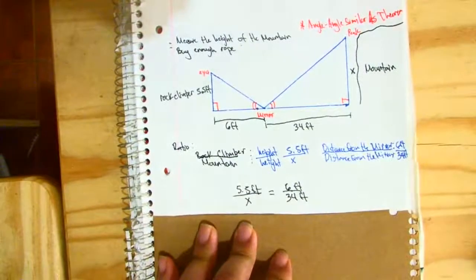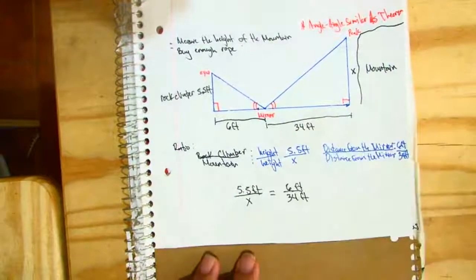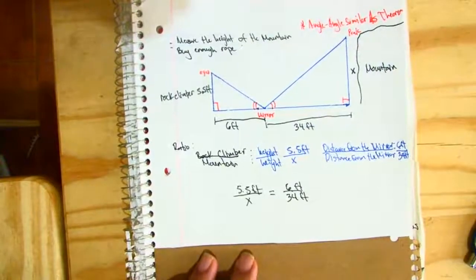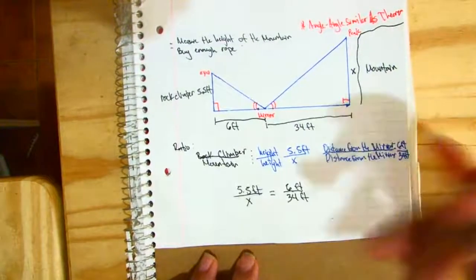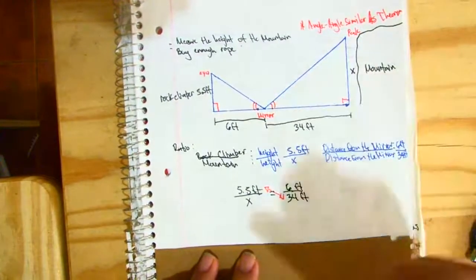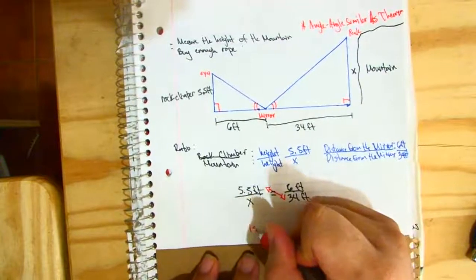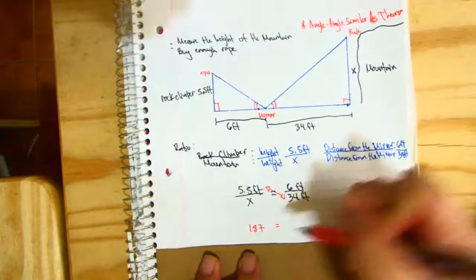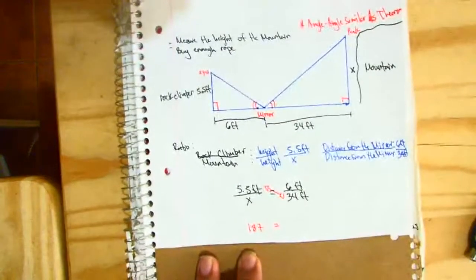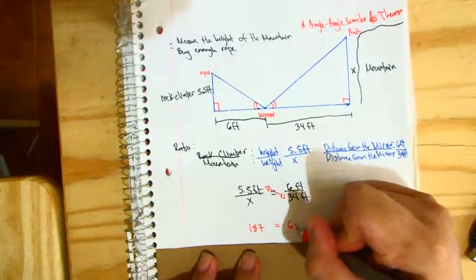Here we're going to use cross multiplication. 5.5 times 34 is about 187, equals 6 times x, which is just 6x.